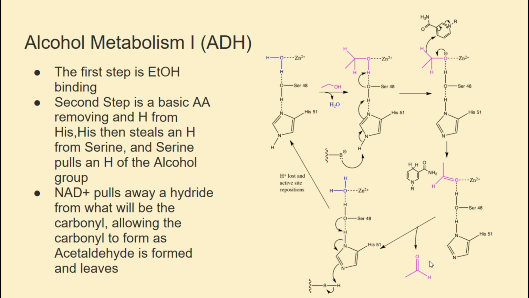So, the first step is ETOH, this ethanol, binding to a zinc atom that's being chelated in the enzyme by histidines, I believe.